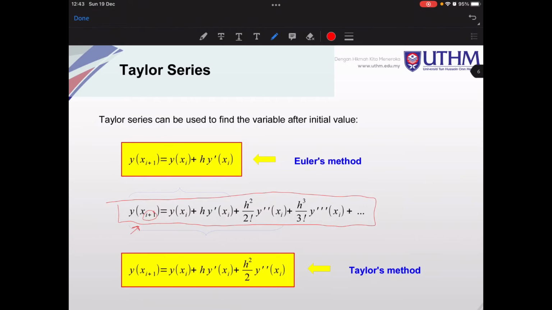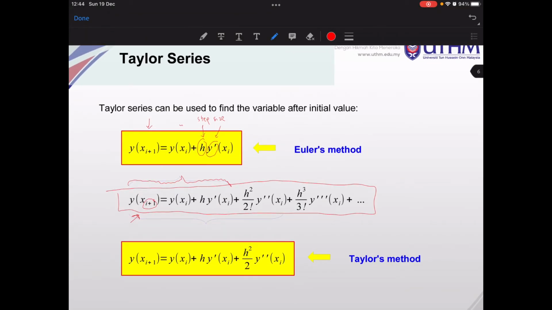So for Euler's method, we only consider up until the first order, whereby y at the next iteration is equal to y at the current iteration plus h y prime x i, whereby h, if you can still remember, is a step size, and y prime is the derivative of the function itself.